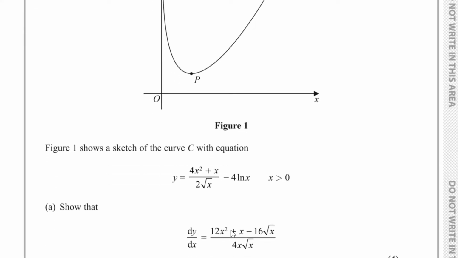And for part A, we have to show that dy over dx is equal to 12x squared plus x minus 16 root x over 4x root x. Now, it may be a good idea to rewrite the square root of x as x to the power of a half. The reason for that is it will become easier to differentiate.